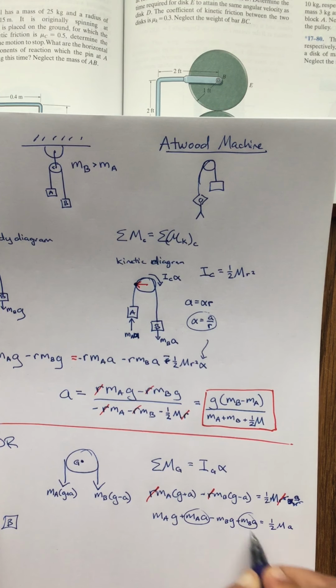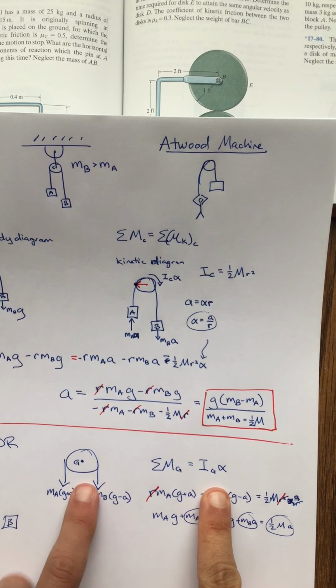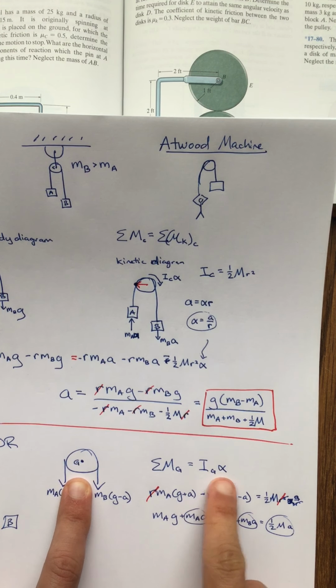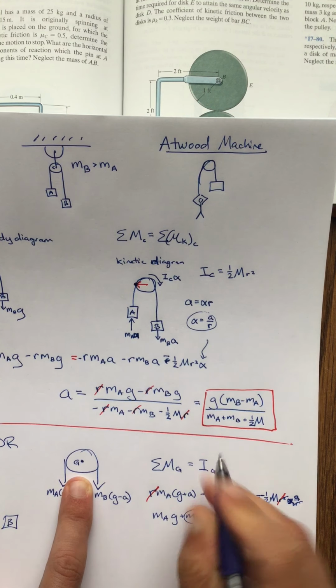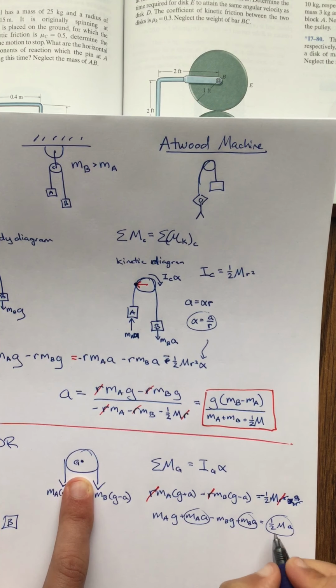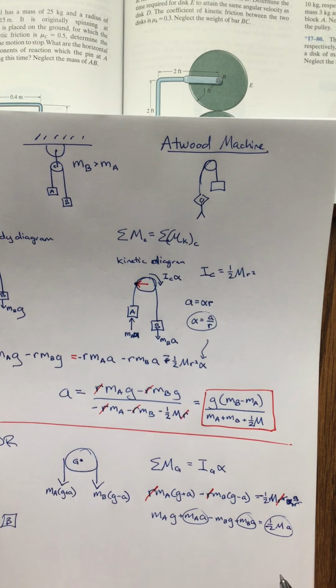So this and this and this term all have acceleration. I think I did the same thing here that I did earlier. And for this angular acceleration, since it's going this way, this is supposed to be negative. So angular acceleration going this way means it's the negative direction. So that should be negative.